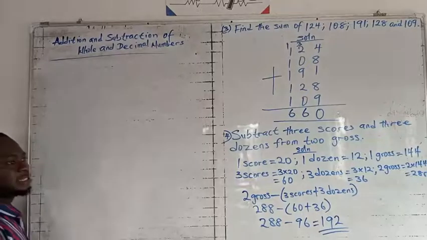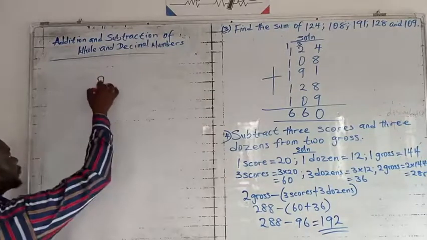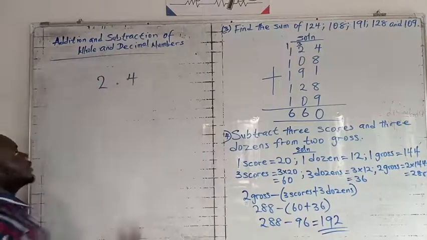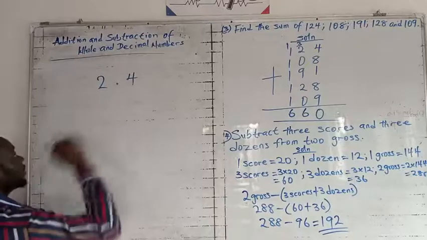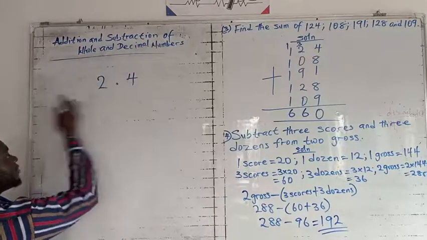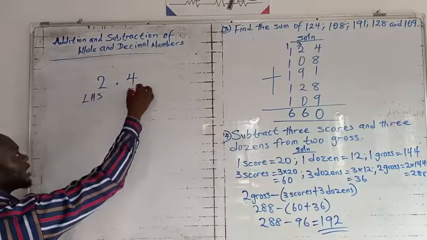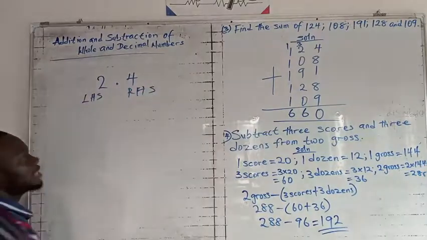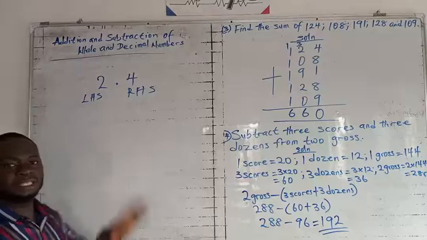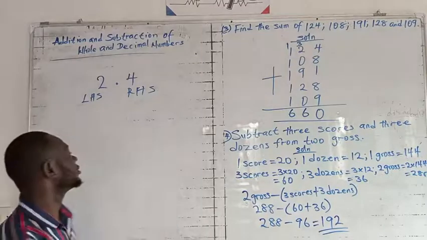Remember, I said that 2.4 is a decimal number. From this decimal point, this part is the left hand side, and this part is the right hand side. I said a decimal number is divided into 3 parts.